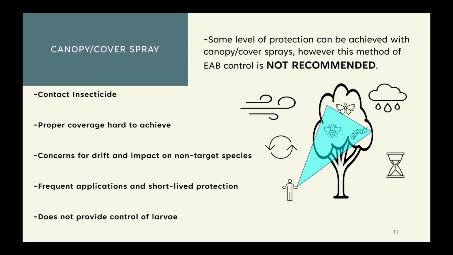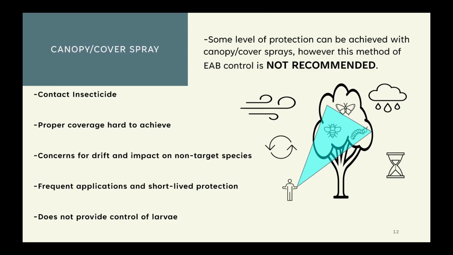They will actually have to feed on, or have physical contact with, that insecticide for any level of control to take place. Getting that product onto all surface areas and all the foliage of large trees is difficult.